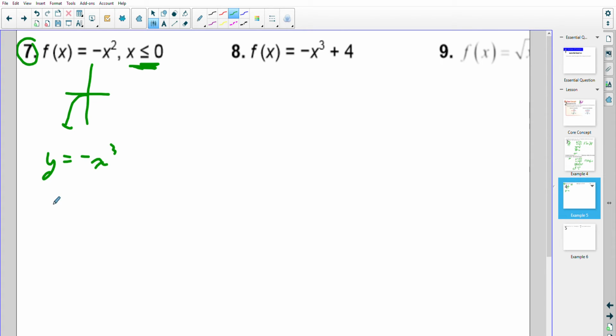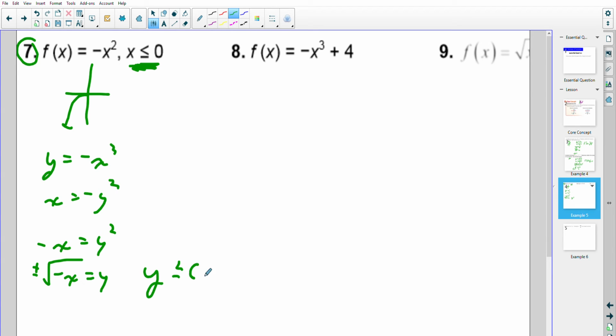Y equals negative x squared, switching the x and the y, multiplying through by a negative, taking the square root of both sides, plus or minus. Now, this is where I have to use some knowledge, and I understand that the domain of f of x is this, which means that the range of my inverse is the same thing, greater than or equal to 0, which means that x is less than or equal to 0, which means that my y's are negative.